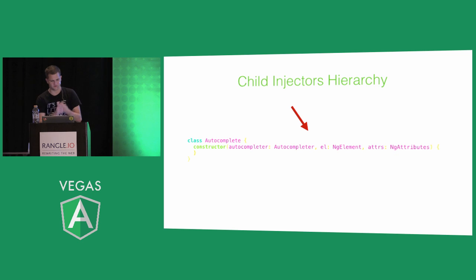We just have our autocomplete component, and we can get a new instance of ng element and a new instance of ng attributes, but use the singleton of the autocompleter service. So Angular 2 has a unified mechanism for injecting dependencies, which I think is pretty cool that they solved that problem.